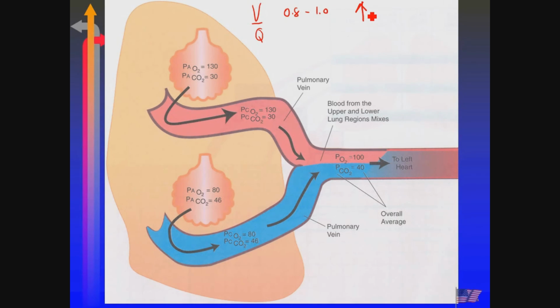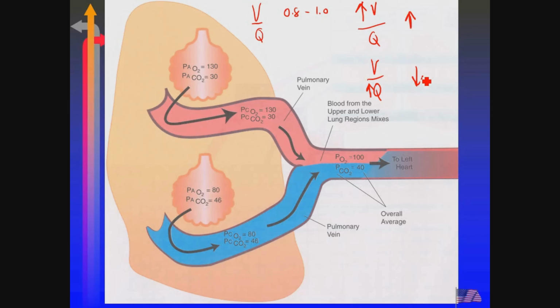If I increase ventilation more than I increase perfusion, then my VQ ratio is going to get bigger, something greater than 1. If I increase perfusion more than I increase ventilation, my VQ ratio is going to get smaller. I'll talk more about these individually as we go along.